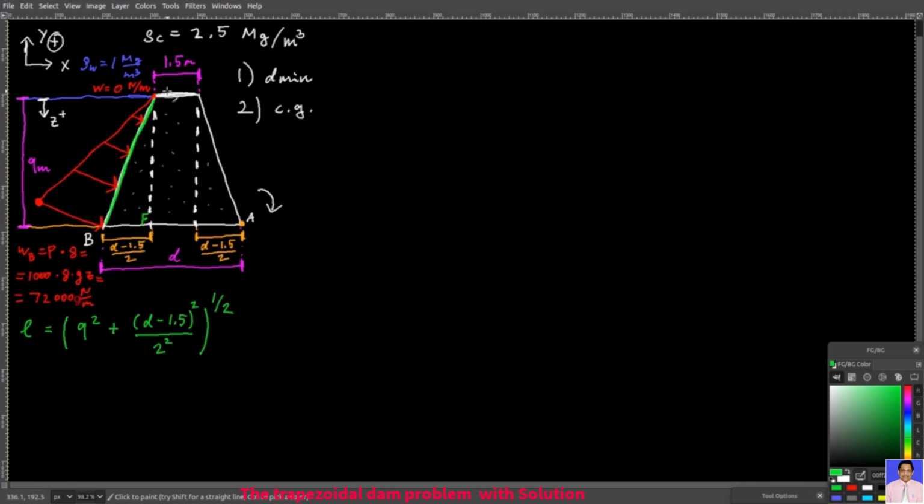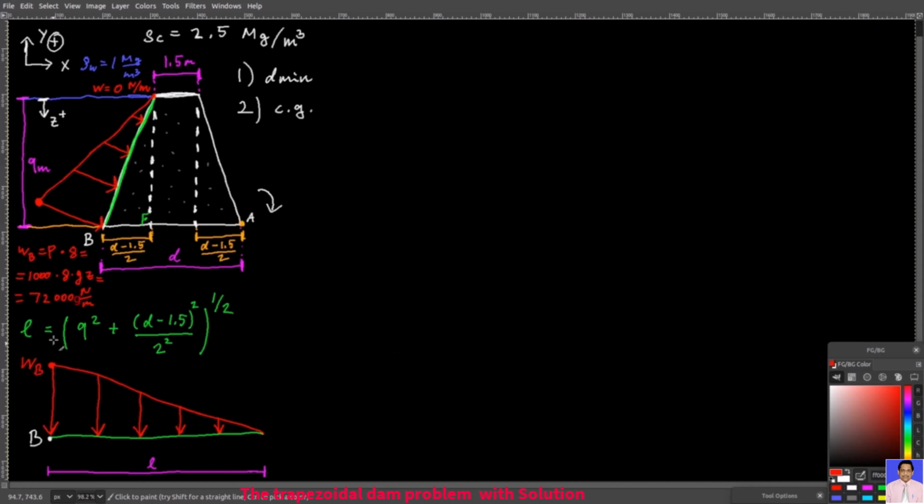And now I'm going to take this side that is exposed to the water, and I'm just going to draw it horizontally. So the total length of it is L. That's this one. This is your rectangular pressure distribution. So this point here is B. And remember, this one here, that's your wB. From the previous videos, we know where the center of pressure of this force distribution is.